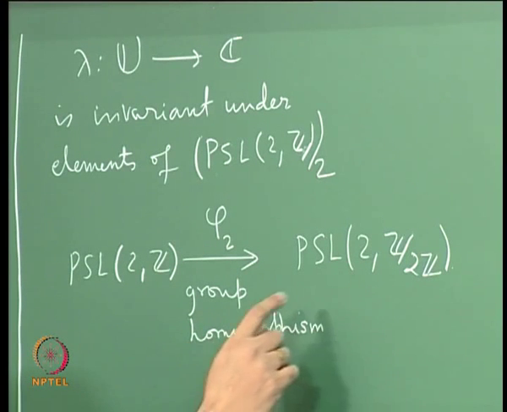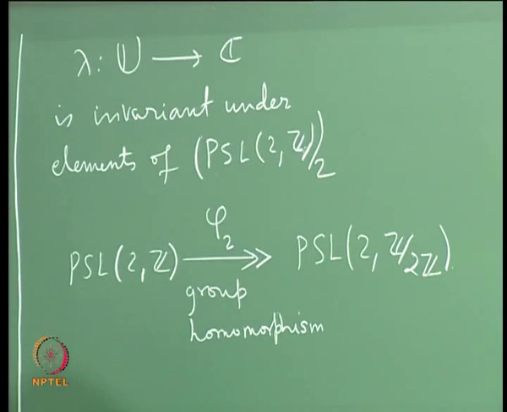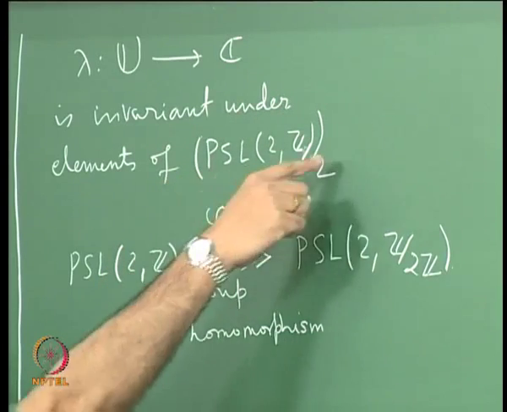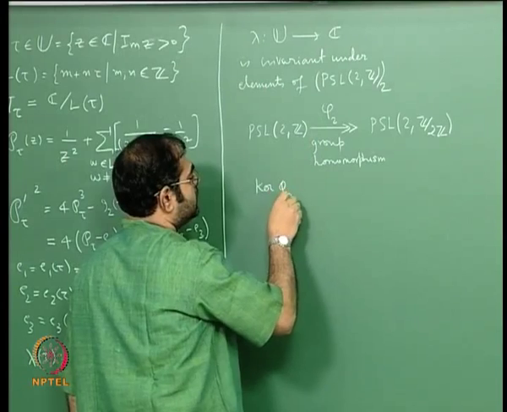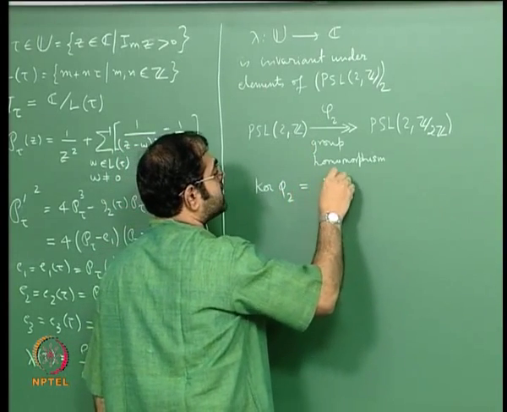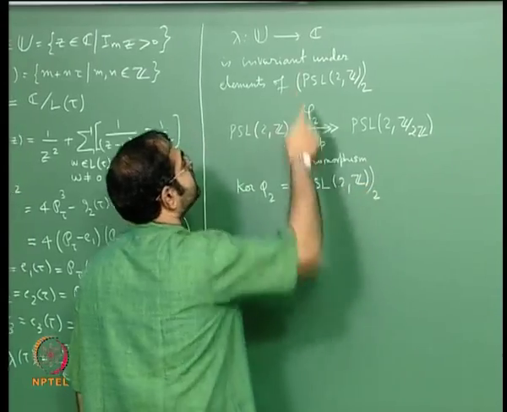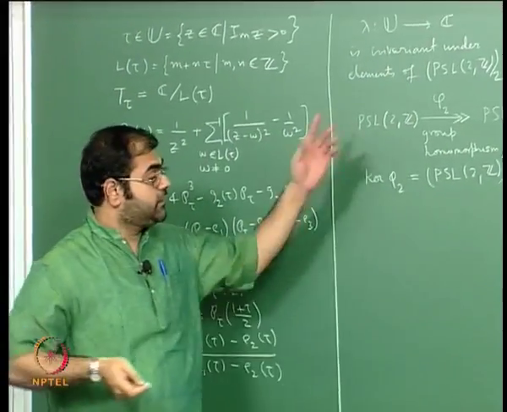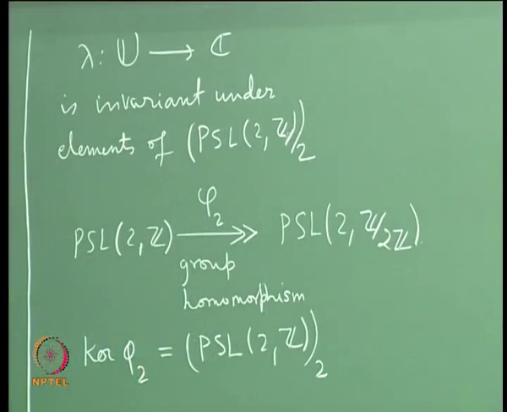And of course this map is surjective trivially, and the kernel of this map is precisely this congruence mod 2 subgroup, okay. So the kernel of phi 2 is exactly the congruence mod 2 subgroup, under which we have proved in the last lecture that lambda is invariant, okay.